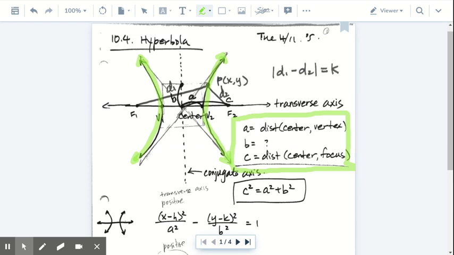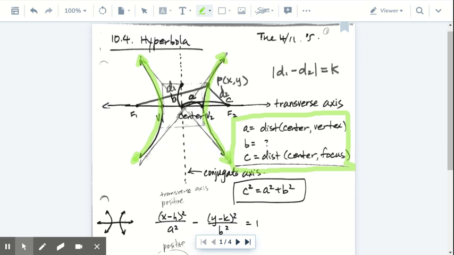C is the distance between the center and the focus. So here, C is longer. B, well, for now, we don't have that point. It has a meaning, and we need to find B to define the equation of this hyperbola, but we don't have anything crossing that axis yet.